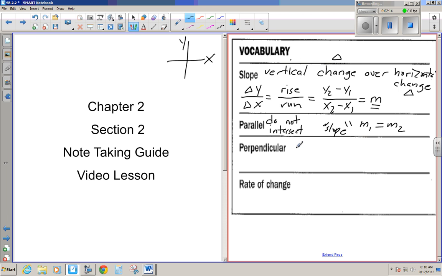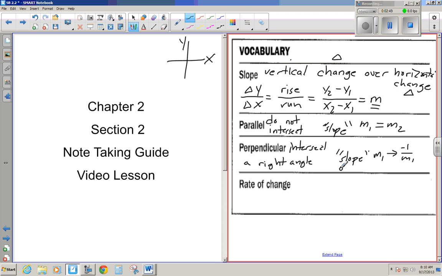Perpendicular lines intersect at a right angle. And if you're thinking about slope m1, the perpendicular slope would be -1 over m1.